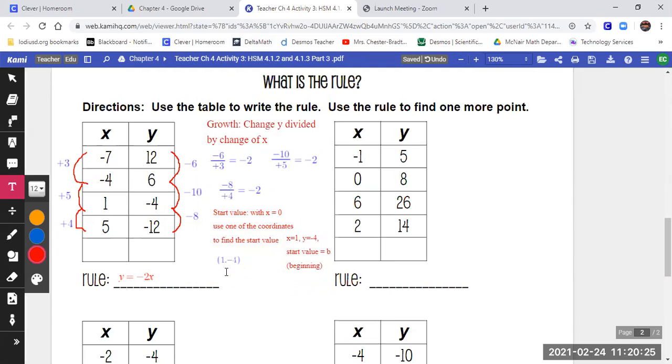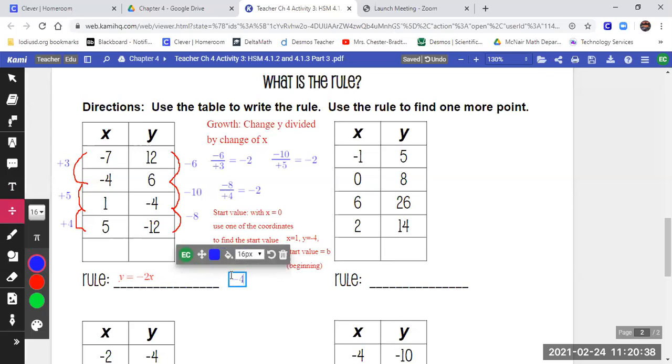All right, so I have that y equals -2x plus this unknown b that I'm solving for. According to what we said, the y is -4, our -2 is our growth, our x is 1, and we're solving for this beginning number, the start.